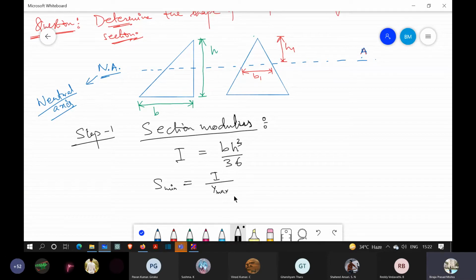Now what is the value of I? The value is BH cube by 36. And what is Y max? Who can tell? It is 2/3 of H. From this diagram it is 2/3 of height. So please solve this one. How much are you getting?